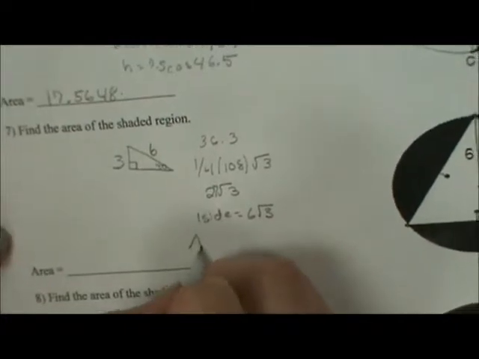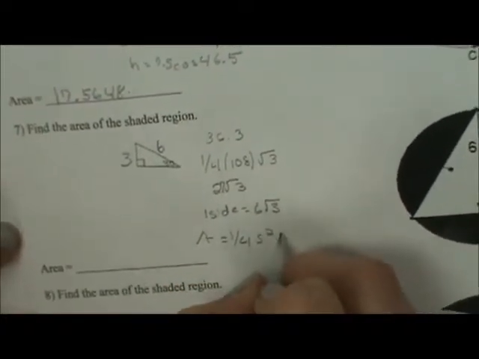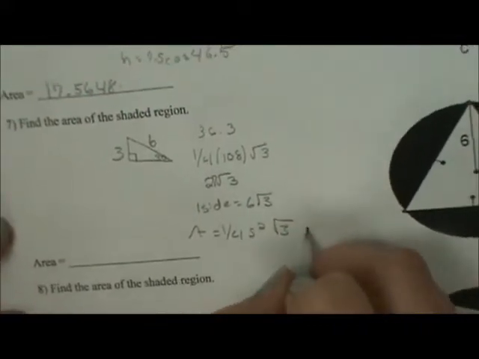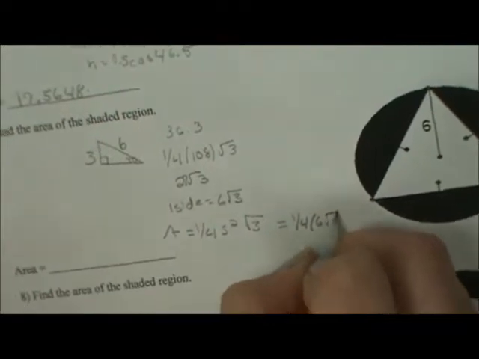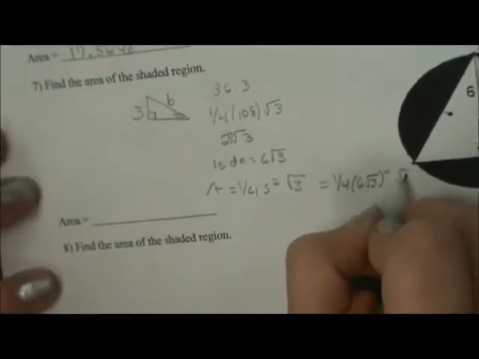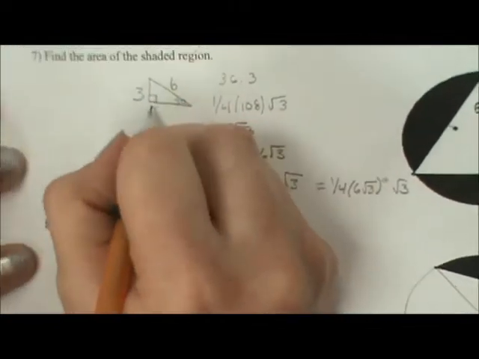So we are going to do some special right triangles. We know that one side is going to equal 6 square roots of 3, because 3 is going to equal x in half of that triangle. So we just have to double that, so 6 square roots of 3.